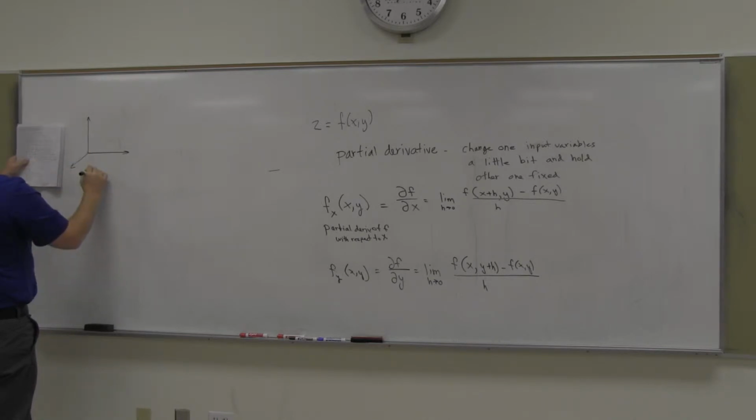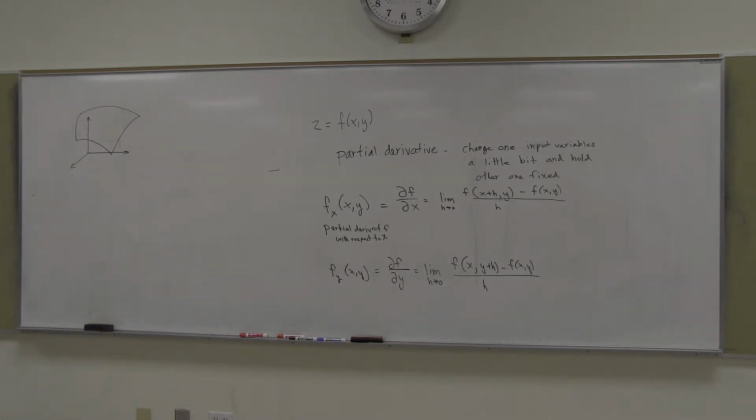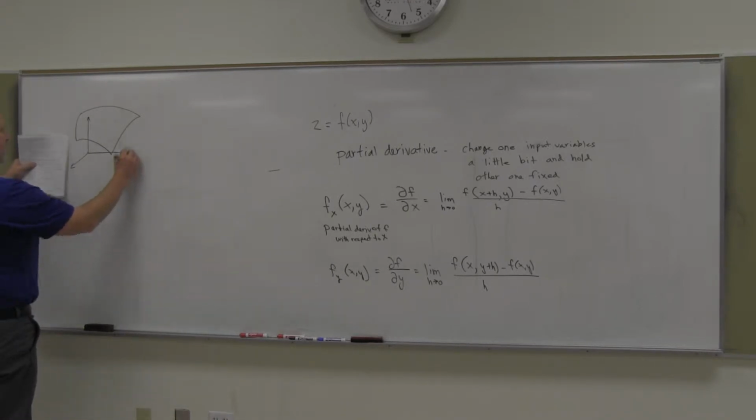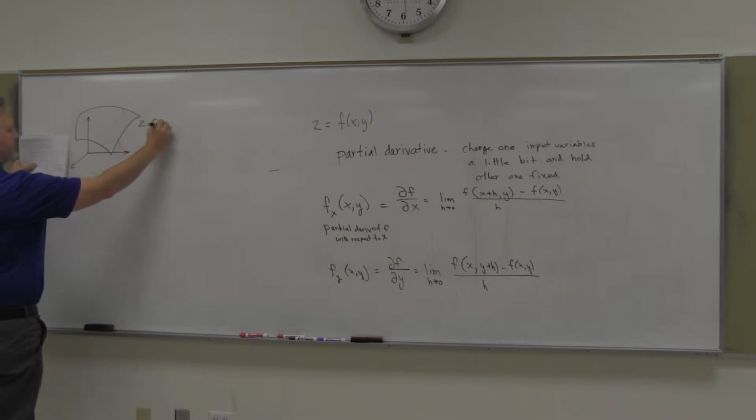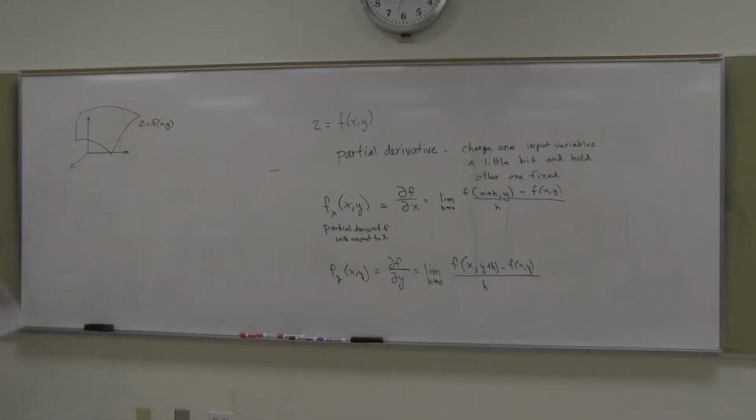So let's say I've got this little curved surface there, not a plane, but kind of a little curved surface, and that's going to be my graph of the two variable function.